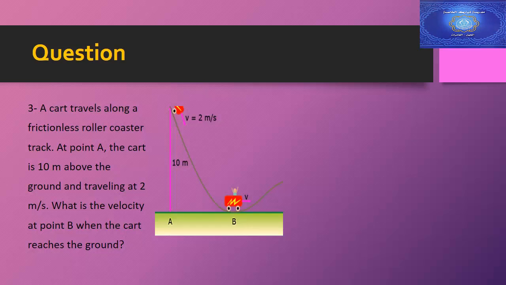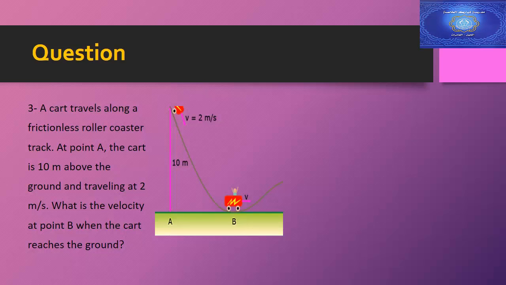We know before that energy is conserved. It means that energy at point A equals energy at point B. So what are the types of energy at point A? At point A, this cart has two types of energy: potential energy due to the height and kinetic energy due to its speed.